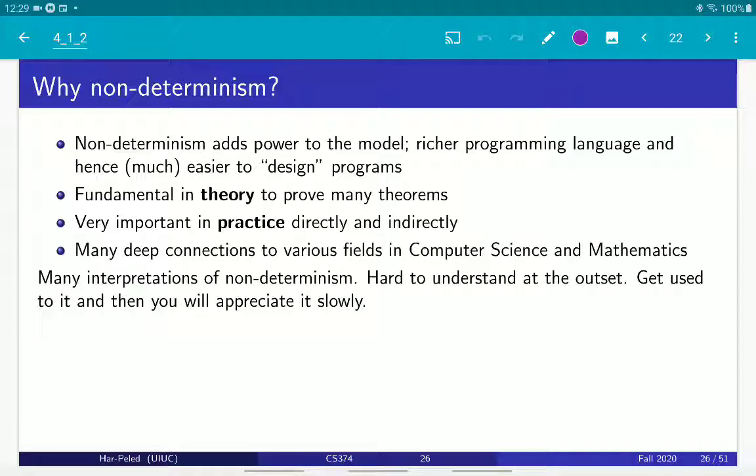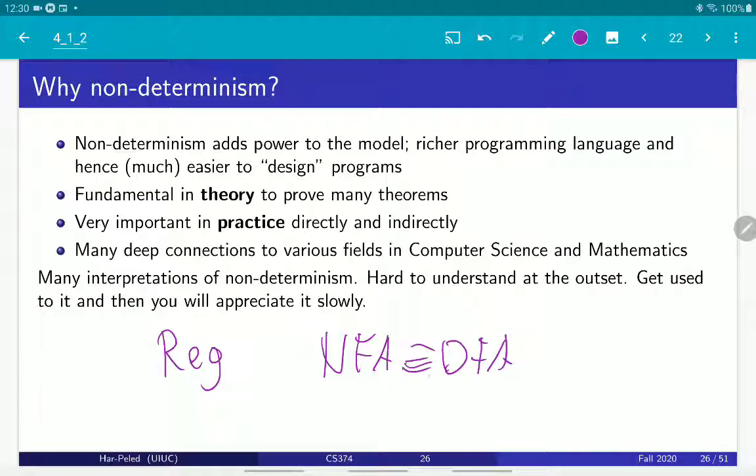Now, for finite automata, it doesn't really change the power of computation, but it does give us expressive power, which for our purposes would be very important because, as we will see, NFAs are really equivalent to DFAs. We will see that.